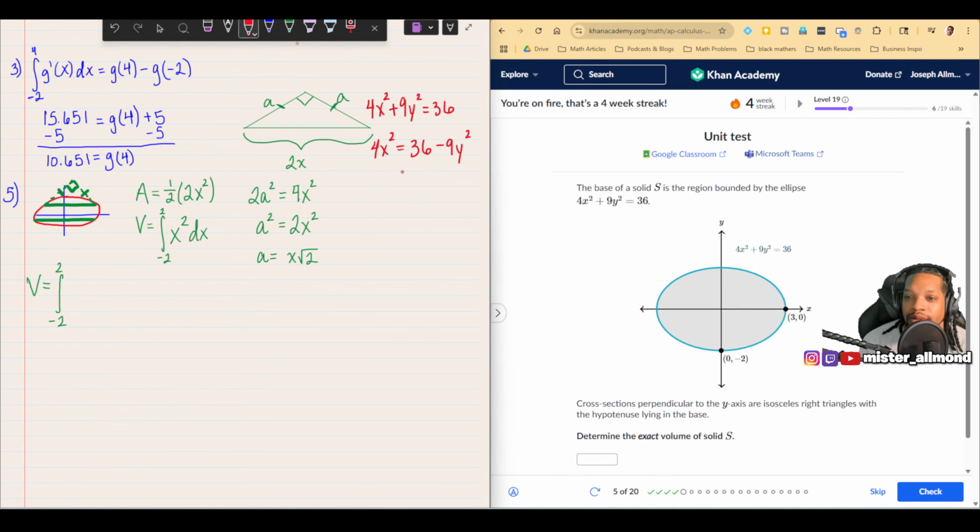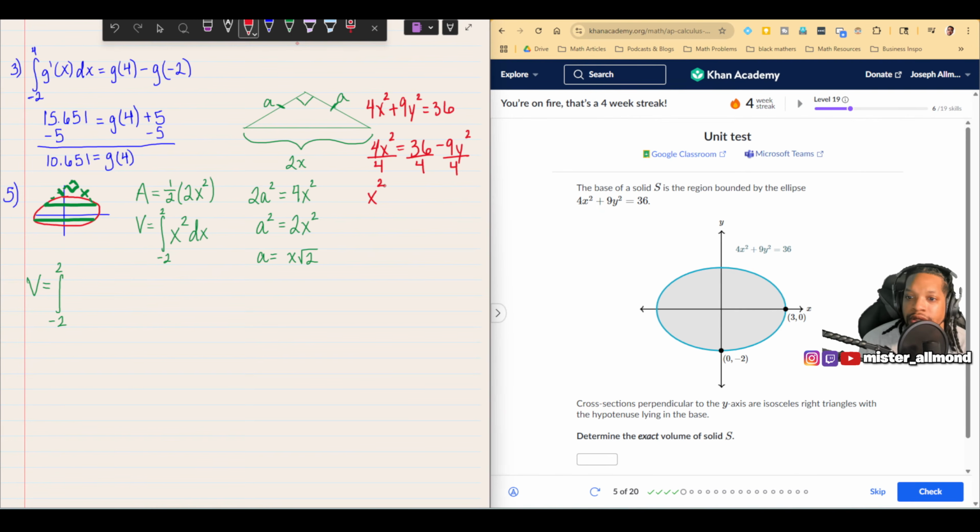That should get me what I need. Hopefully it's nothing too crazy to integrate. So x squared is equal to... okay, once I do that, I should just be able to integrate that from -2 to 2, and that should be it.